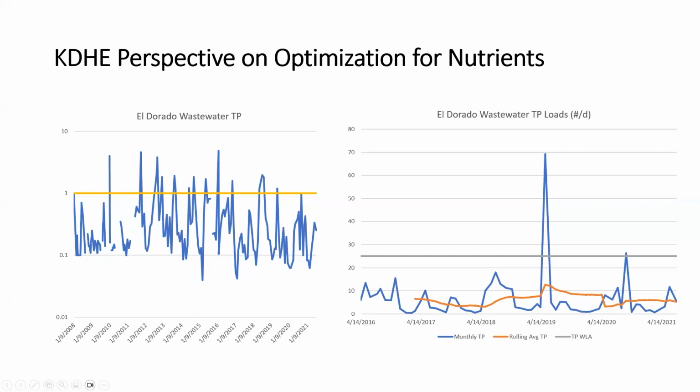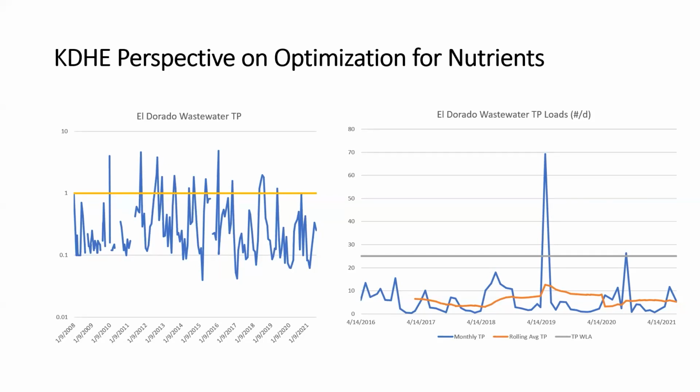Yeah, in this information sandwich, if Nick is the bread and Grant is the main meat, I'm just the condiment here. But I want to give the perspective from KDHE. We wholly sanction efforts to try to do optimization. Nutrient reduction has been a priority for us for well over 20 to 25 years.